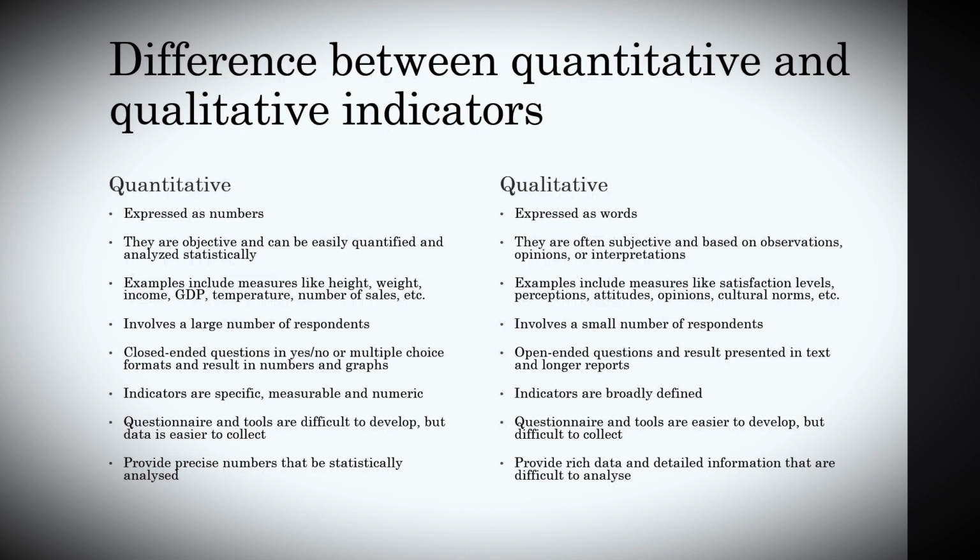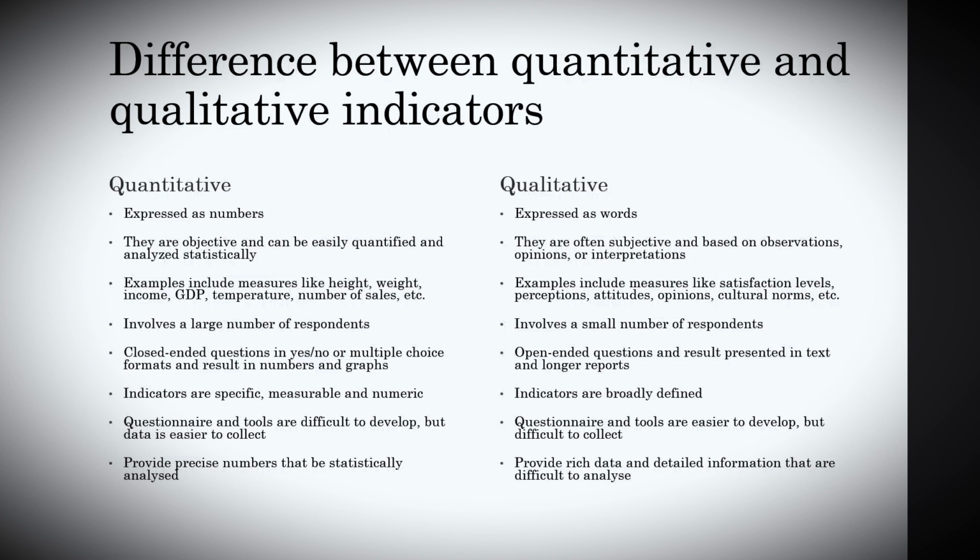Quantitative indicators are specific, measurable, and numeric, while qualitative indicators are broadly defined. Questionnaires and tools used to collect quantitative indicators are difficult to develop, but data is easier to collect.